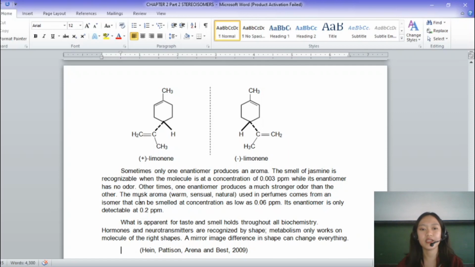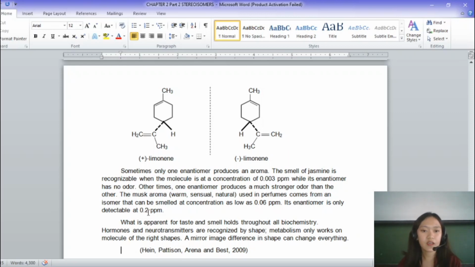Its enantiomer is only detectable at 0.2 ppm. So, it also depends on their concentration whether the nose can smell them or not. But they are different isomers, so the level of concentration at which they can be smelled also differs. Just like your musk aroma.